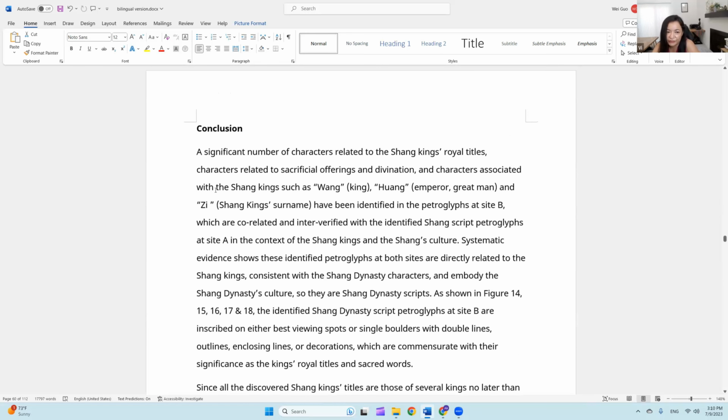So, conclusion: a significant number of characters related to the Sun Kings' royal titles, characters related to sacrificial offerings and divinations, and characters associated with the Sun Kings.